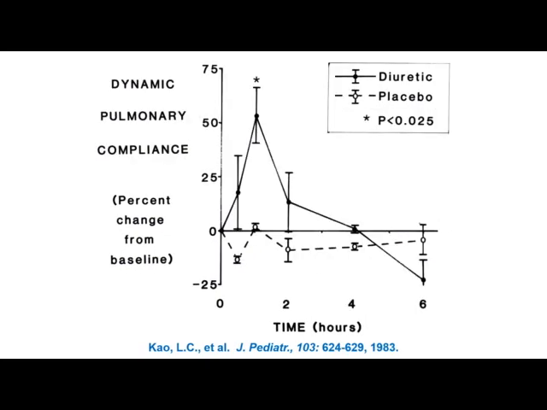This was dynamic pulmonary compliance. And you can see that those infants that received a diuretic had a 50% increase in dynamic compliance at about 1 hour, fell off by about 4 hours, still increased at 2.